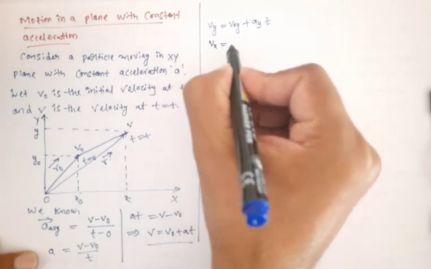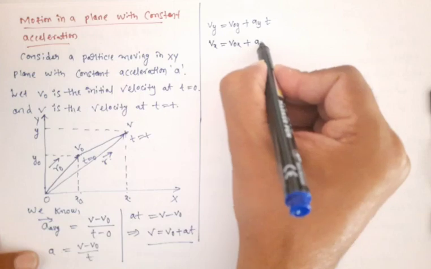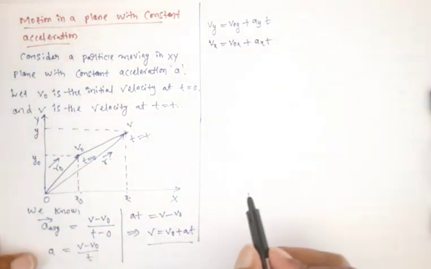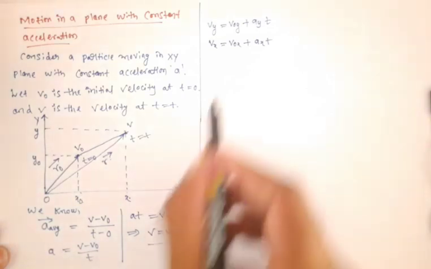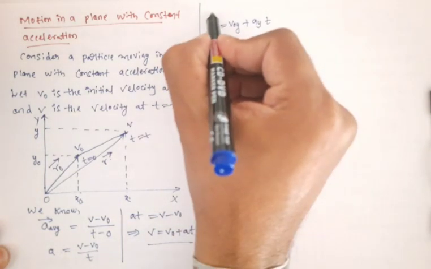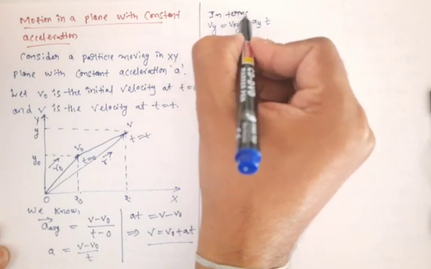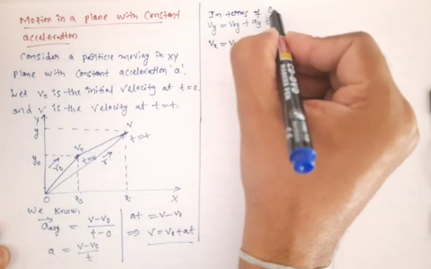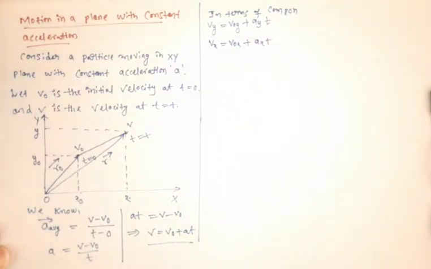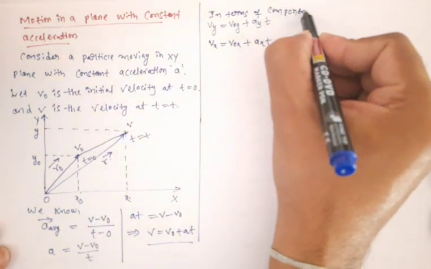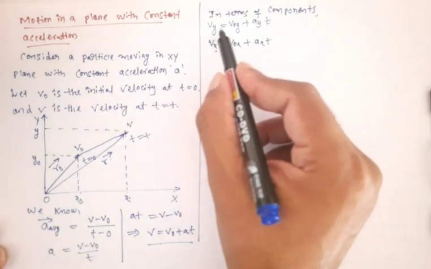For x, v naught x plus ax into t. So this is the equation we can write in terms of components: for x component this one, and for y component this one.